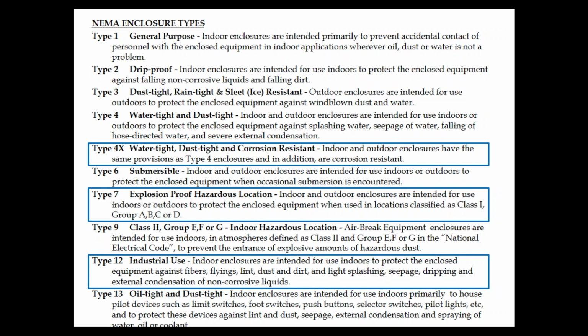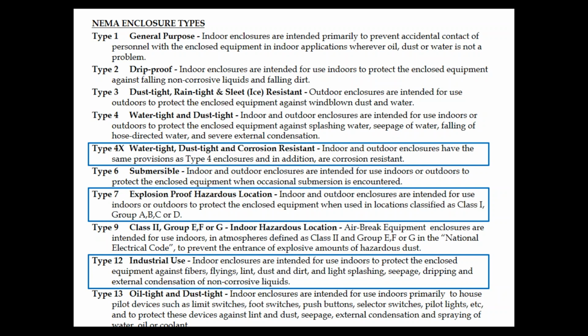The ones that Delphian and most of our competition use is NEMA Type 12, which is just an enclosure to make sure that people don't touch the PC board and is oil-tight, industrial use, but not necessarily explosion-proof or protects from water or corrosion. When you get into the explosion-proof hazardous line, we're talking strictly Type 7.